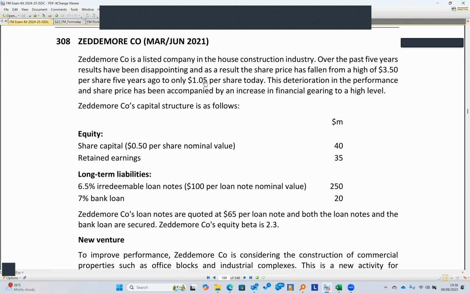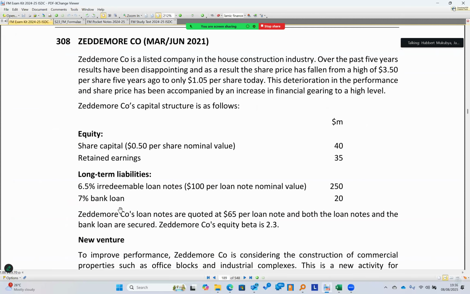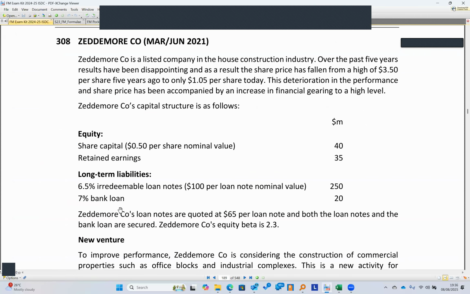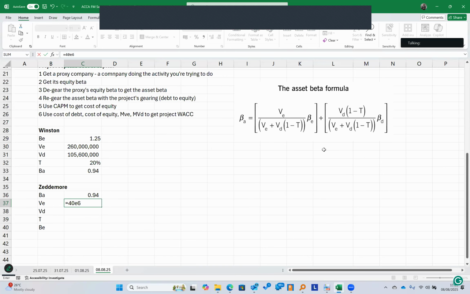The share price is now 1.05. So we shall get 40 million divided by 0.5 multiplied by 1.05. So that is 84 million.